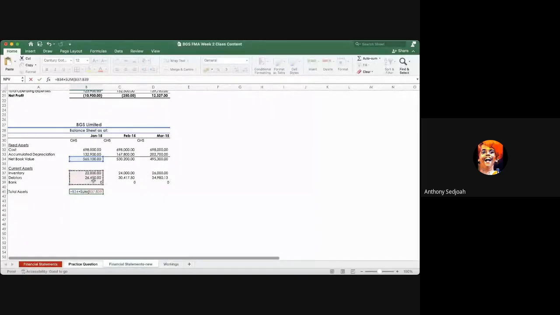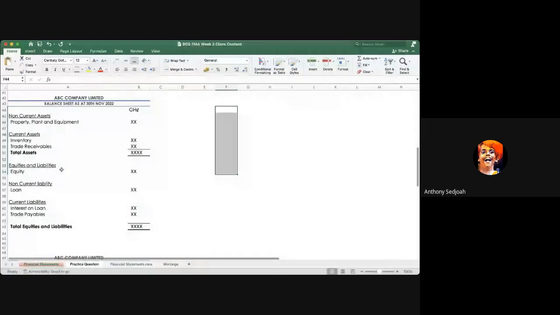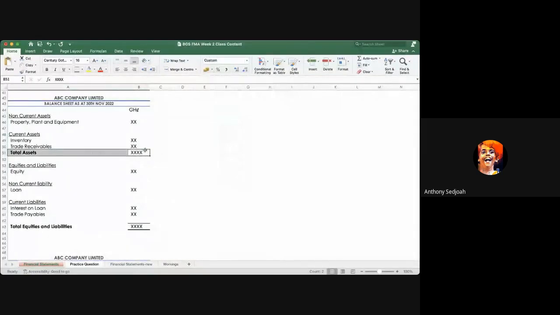Add everything here like this. Okay. But remember that this total asset is lacking our bank balance. Now that we have our total assets, we can apply the border over here like this. If you check the format, it's the same thing that was done. Total assets, the border is here.